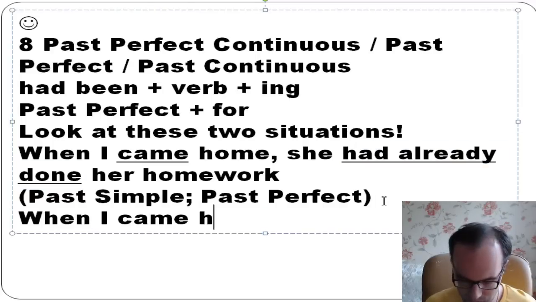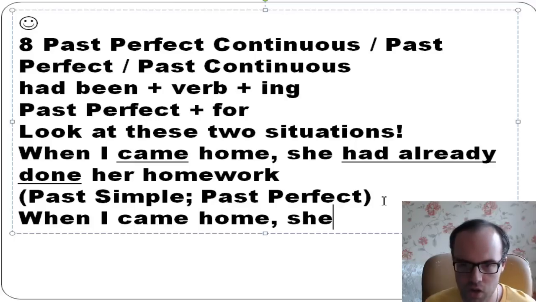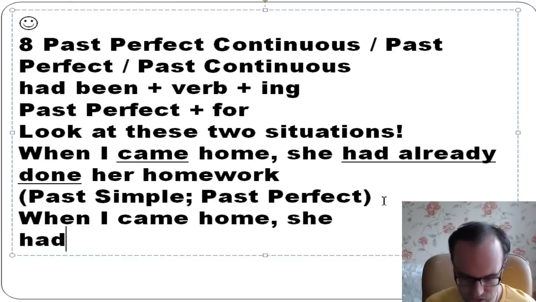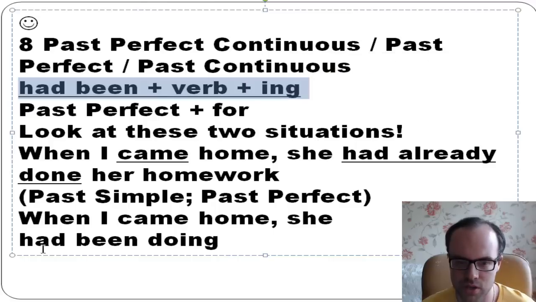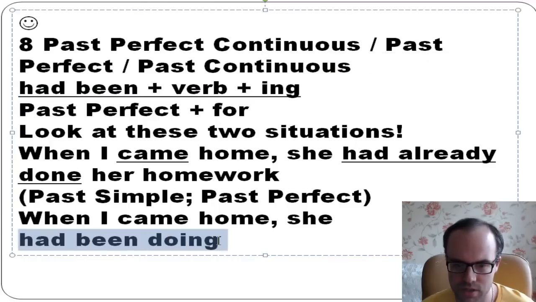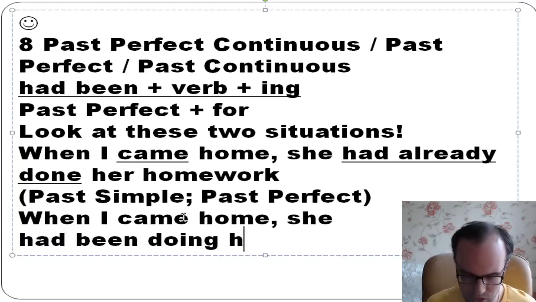And please look at the second situation. When I came home, she had been doing, yeah? So you see that past perfect continuous is had been plus verb plus ing.